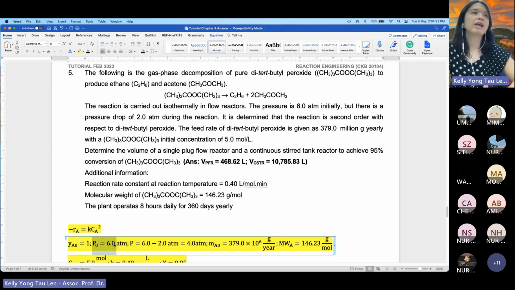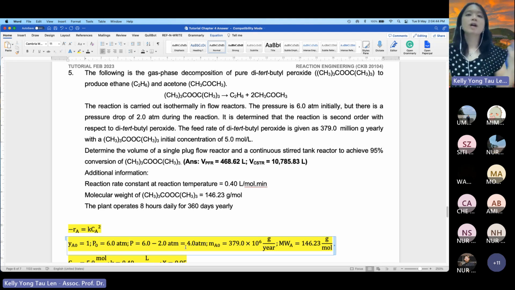The original pressure is 6 atm, but there is a drop of 2 atm during the reaction. That means during your reaction, your pressure drops by 2 atm. So your P0 is 6 atm. Your P will be 6 minus 2, which is 4 atm.